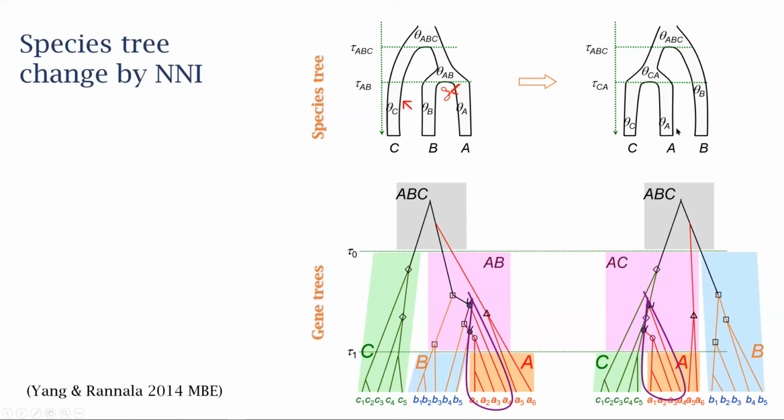Again, if you want to keep the gene trees unchanged, you can't do this, because when you change the species tree, all the gene trees become meaningless. So what we did is to change the gene trees together. We cut off the species tree from here, and then all the gene tree branches there are cut, pruned off, and reattached here.